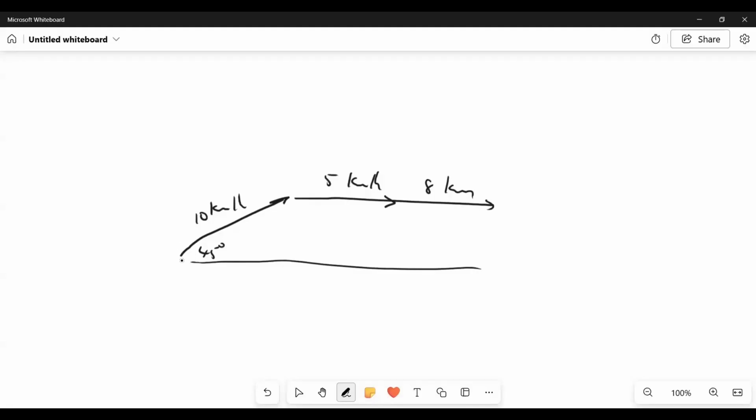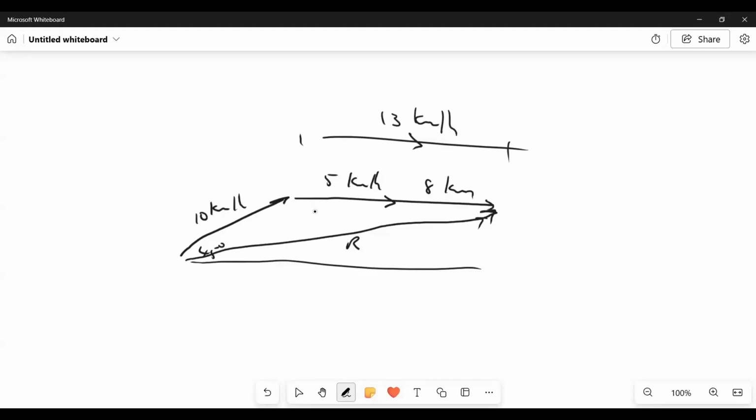So your resultant, let's call it R, this vector here, is 5 and 8, which is how much? 13 km per hour, right? So the tide and the wind, I think I exaggerated these numbers too much. All right, there we go.